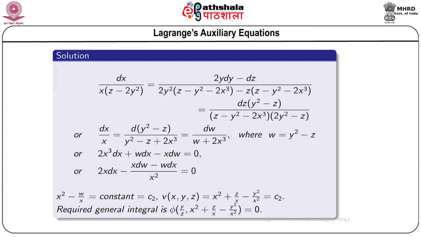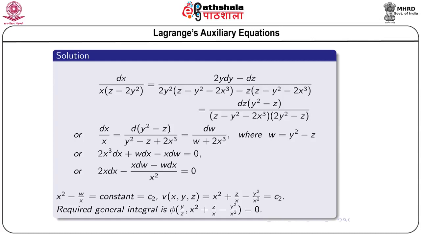And from this equation one can find an integral like this: 2x cube dx plus w dx minus x dw equals 0, and it can be solved. So, our another integral is (x square minus w by x) equals constant, that equals c2.